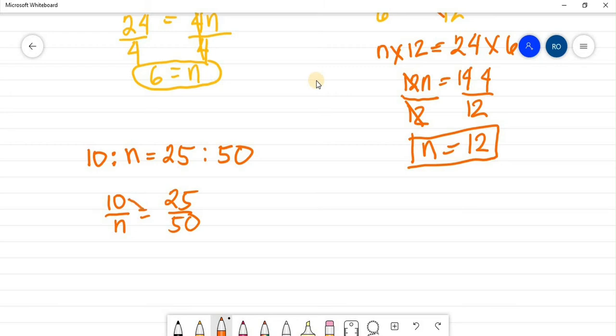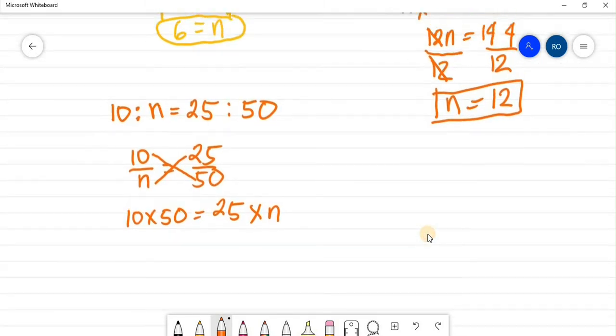Let's multiply 10 times 50, which is equal to 25 times n. Let's multiply them together. 10 times 50 is 500, and 25 times n is 25n. Now to find the value of n, divide both sides by 25.